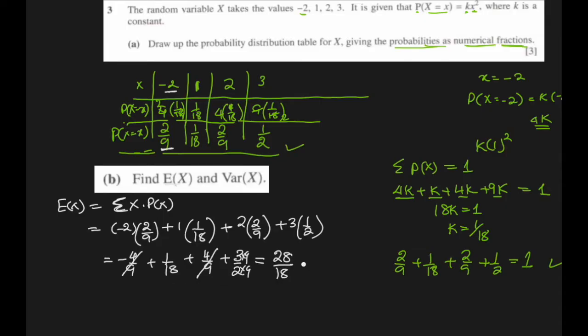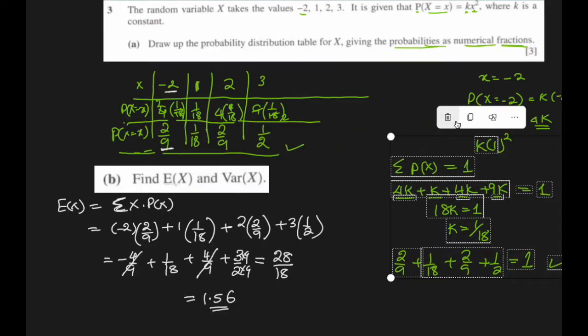Or if you want to convert it to decimal, we can divide 28 by 18, and it will be 1.555, that is 1.56 to 3 significant figures. This is the expected value of x. Second was variance, and the formula for variance, let me make some space for this.